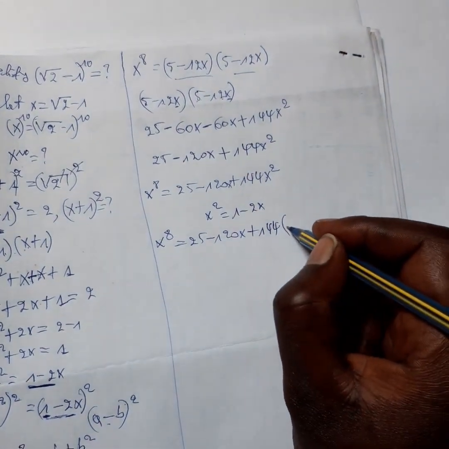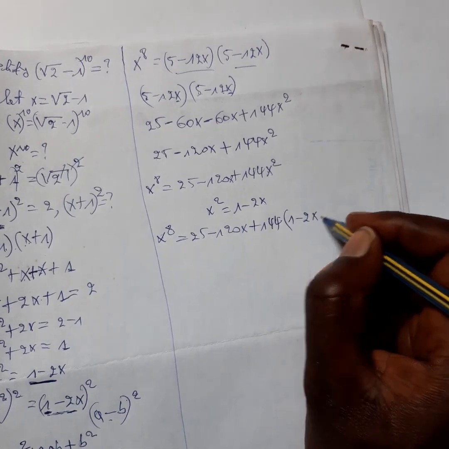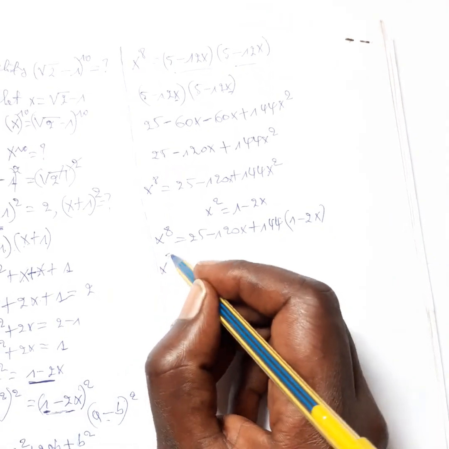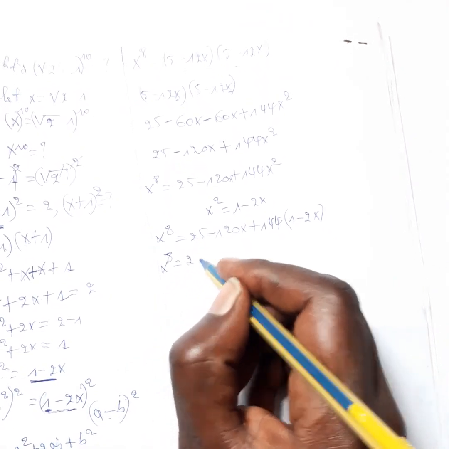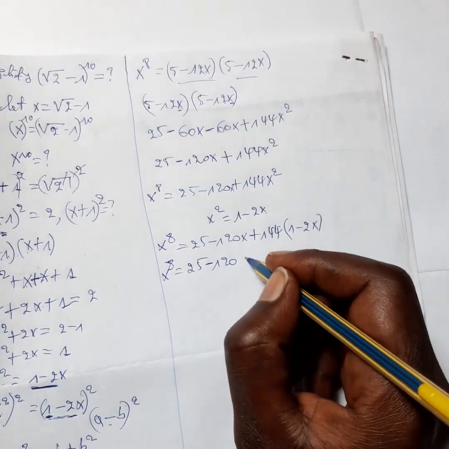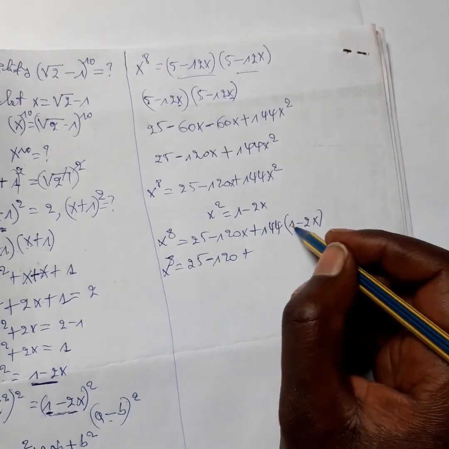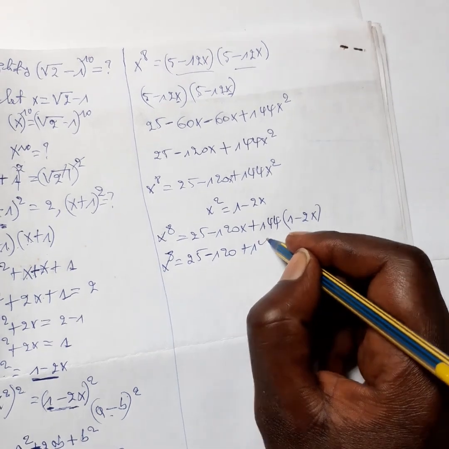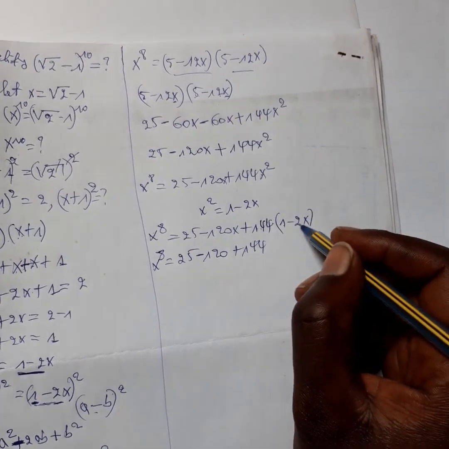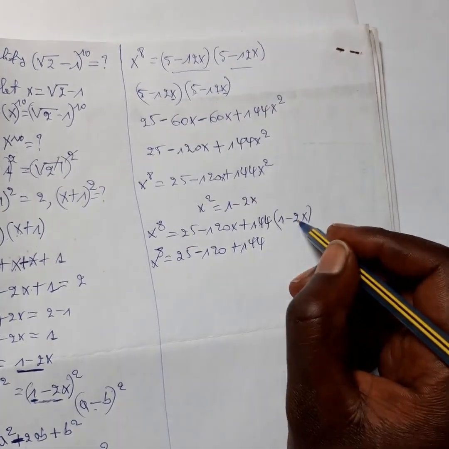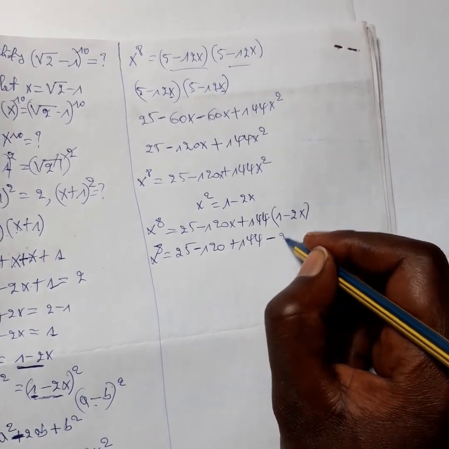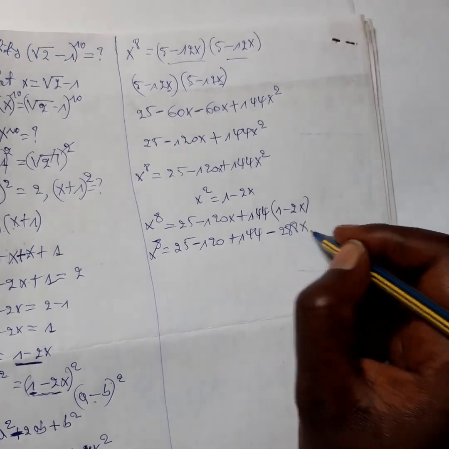1 minus 2x. Then x to the power 8 will be equal to 25 minus 120x plus this one times this one, which is 144. This one times this one will be minus 288x.